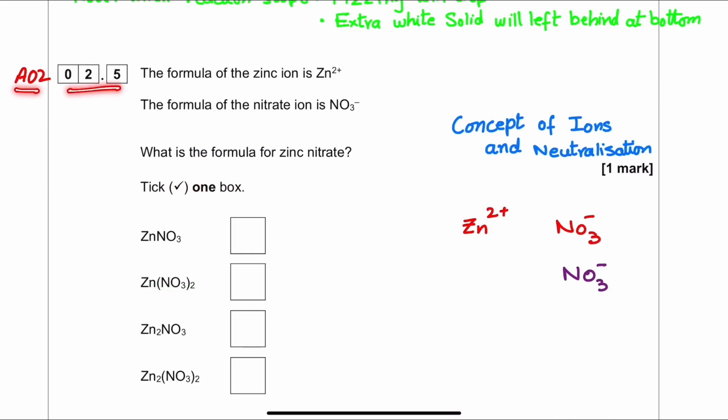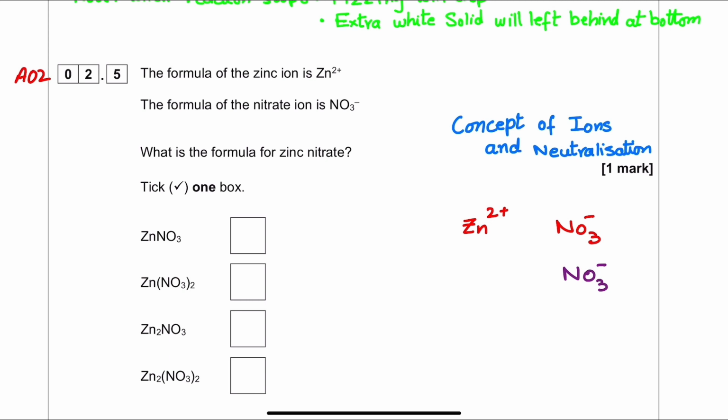2.5 is an AO2 question. The formula of the zinc ion is Zn2+. The formula of the nitrate ion is NO3−. What is the formula of zinc nitrate? This question is from the concept of ions and neutralization. We know that zinc has a charge of 2+ after losing electrons.